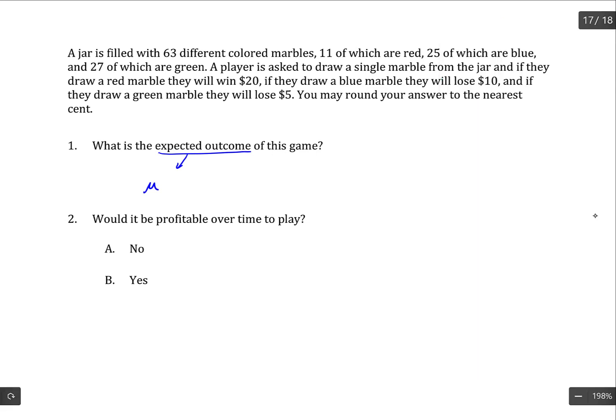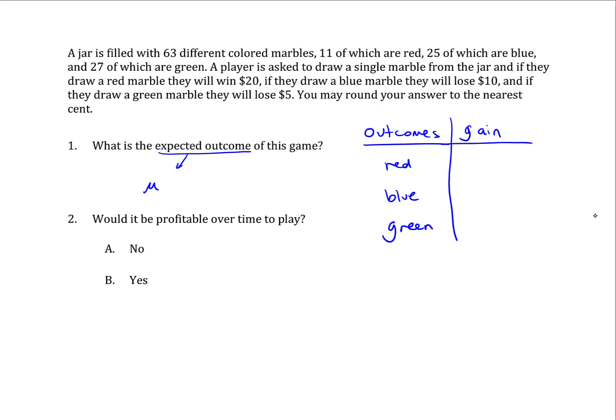But there's sort of a problem in this case, because the different outcomes are that someone could draw a red marble, a blue marble, or a green marble. And so the situation is that the outcomes are qualitative and not quantitative. But we can encode that information in terms of how much the person would gain if they drew each of these kinds of marbles.